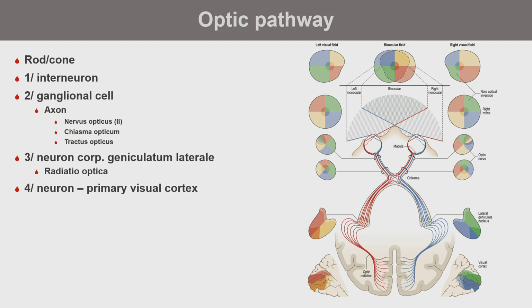So, the optic pathway. First is the rod and cone. The cone or rod is creating the electric potential.